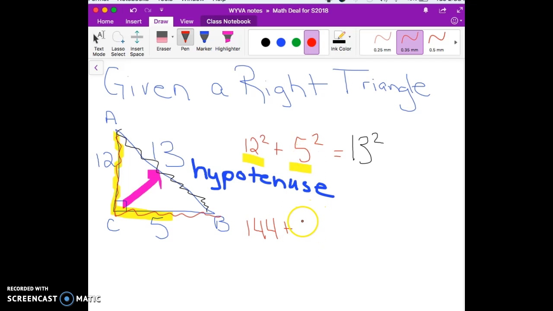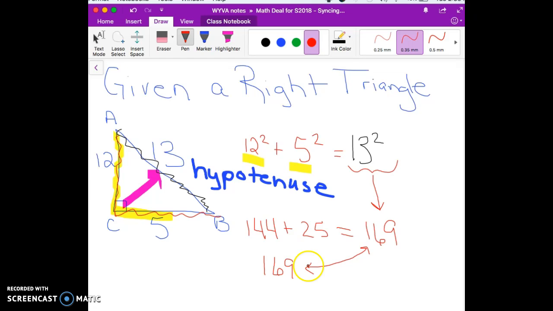Plus 5 squared is 25. If I add those together, I get 169. Now I'm going to grab my calculator again and check 13 squared. 13 squared on my calculator is 169. Those are the same. That's how I know this is a right triangle.